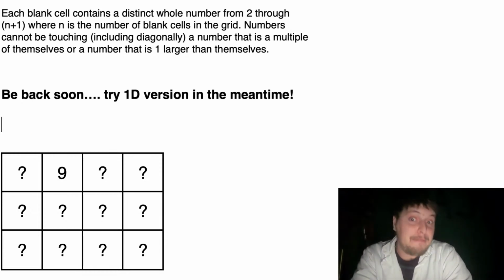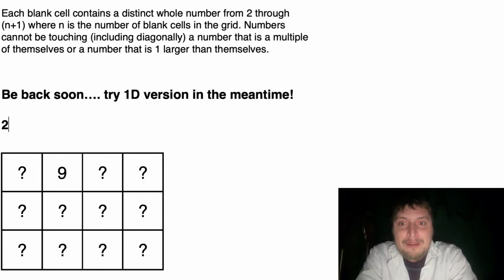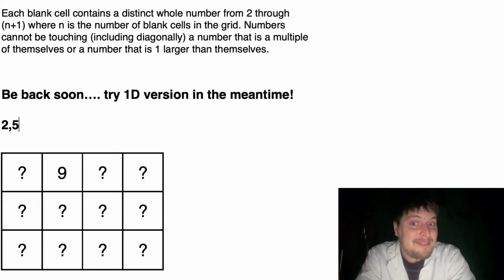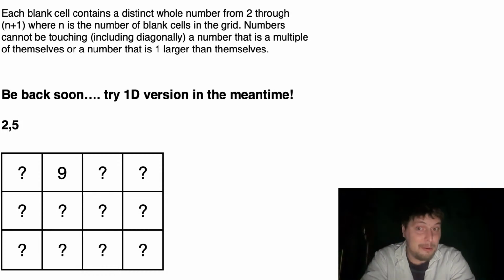How about a 1 by 5? The numbers 2 through 6. With that, we can go 2, 5. 2 is allergic to 3, 4, and 6. So we cannot put it in the middle anywhere. It would have 2 neighbors, and it only can be neighboring 5.